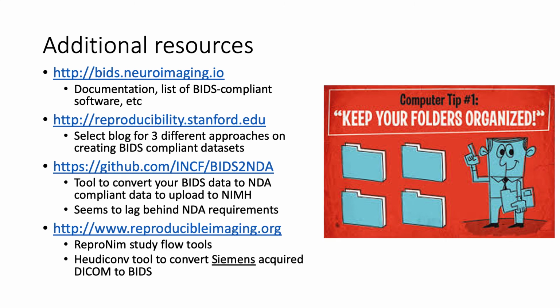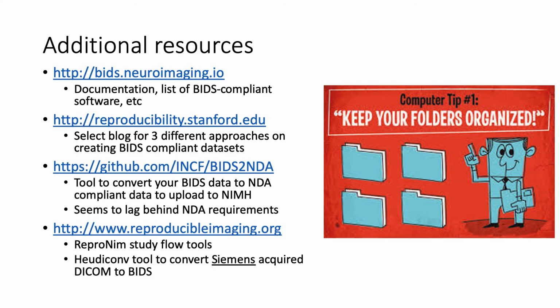So the problem with BIDS to NDA is that it seems to lag behind the NDA requirement. If you have ever tried to use or modify your data to work with NDA, they have this comma delimited file called image03.csv.